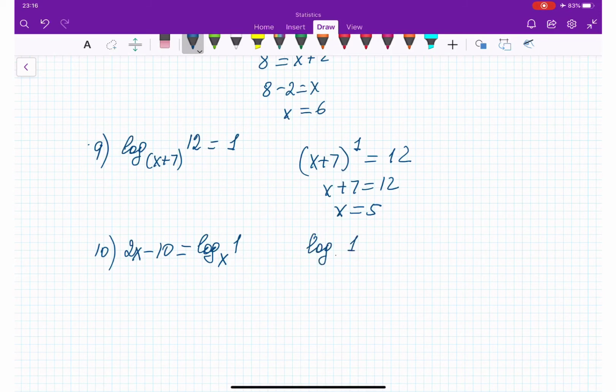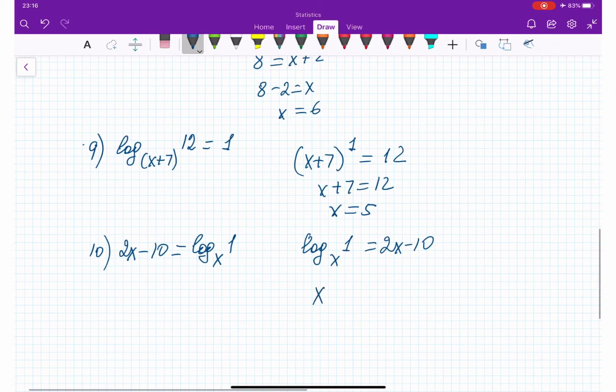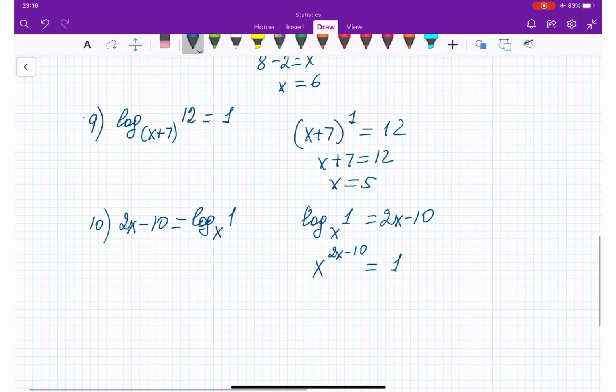Logarithm 1 by base x is equal to 2x minus 10. That means x to the power 2x minus 10 is equal to 1. Yes? Okay. Can I represent 1 as x to the power 0? Of course I can, because anything to the power 0 is 1.